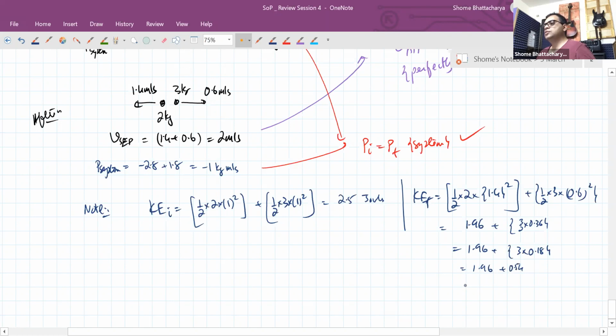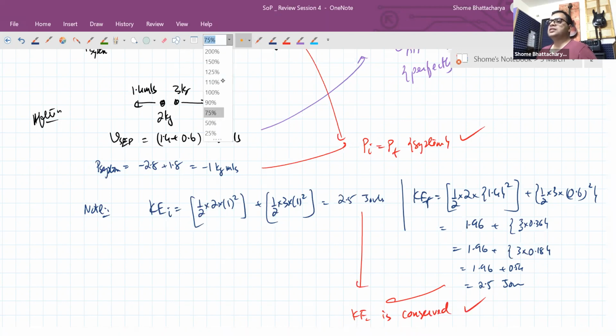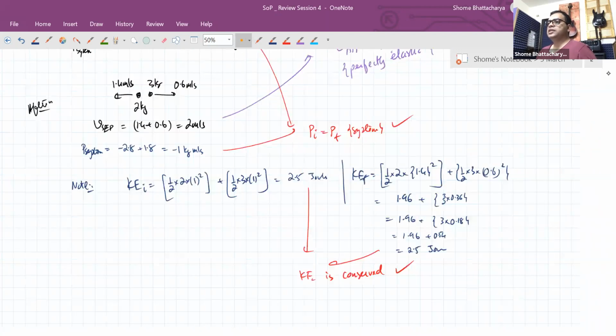So you can see that that is also 2.5 joules. So once again, if you connect these two, you can see that kinetic energy is conserved. So all the three properties of the perfectly elastic head-on collision are getting satisfied by this.